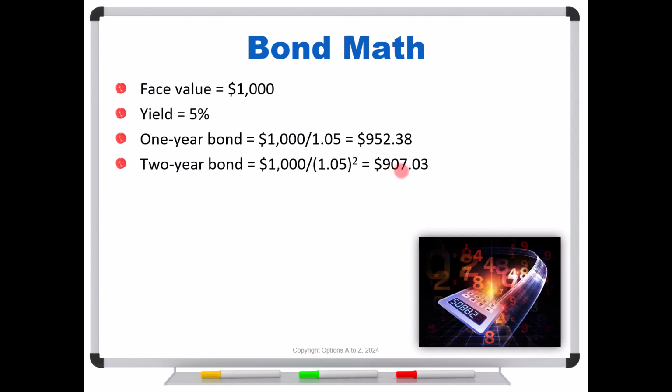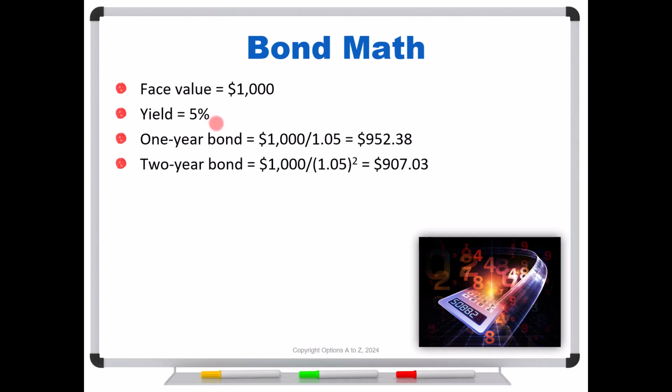And notice that when we start pushing this out further in time, or if we were to increase the interest rate, this price is going to get cheaper. So that's what's allowing us to earn more interest over time. So if you paid 907.03 and collected $1,000 in 2 years, then your yield is 5% per year.